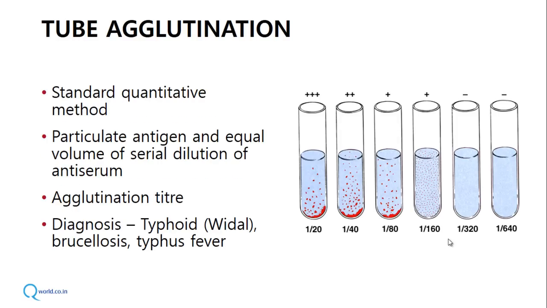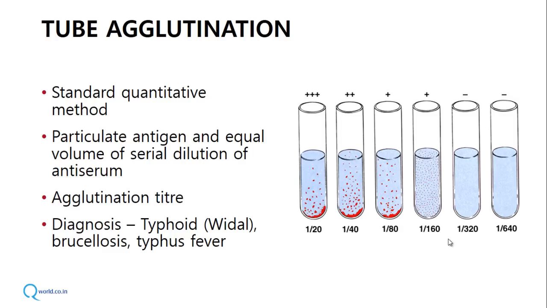Tube agglutination test. This is done for quantitative estimation of antibodies, and the best example that I can give you is the Widal test. Here we take a serial dilution of antiserum and mix it with an equal amount of particulate antigen, then we look for clumps and measure the titer. Now, what is an antibody titer or agglutination titer? That is an important concept to understand.